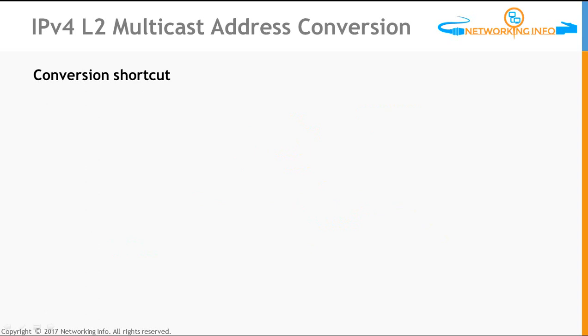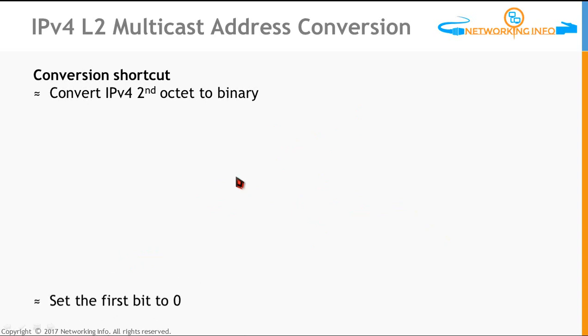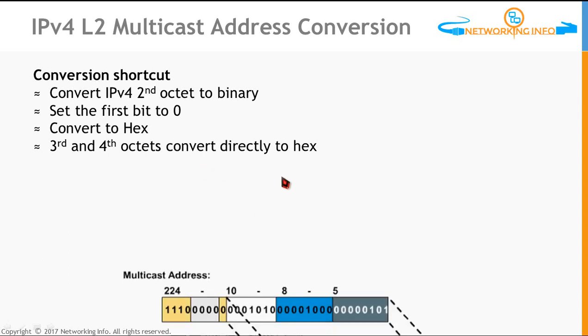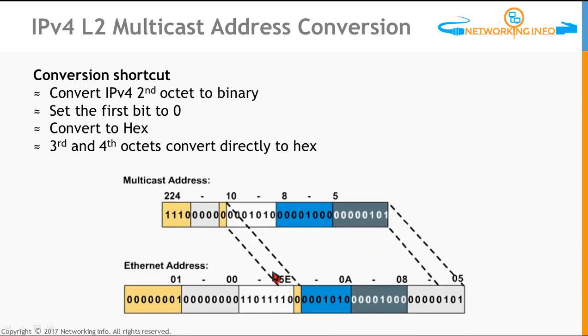First step: convert the IPv4 second, third and fourth octets into binary. Then set the first bit to 0, whatever bit is coming, set that bit to 0. Convert to hexadecimal. Then the third and fourth octets convert directly to hexadecimal. How do we do that? I have an example here which will show how to convert that.